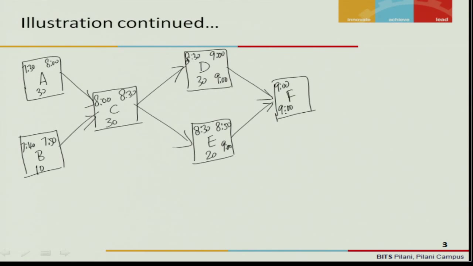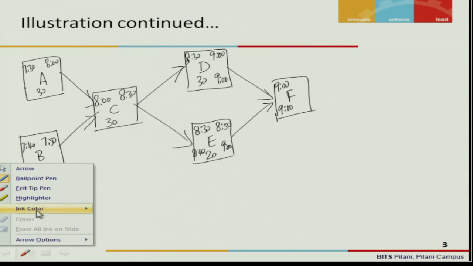If you have to start the client meeting at 9 o'clock, you have to complete your morning work by 9 o'clock. So if you have to complete it by 9 o'clock, when is the latest start? You can start by 9 less 20 minutes, which is 8:40. Let me put that here so that it becomes a little easier.